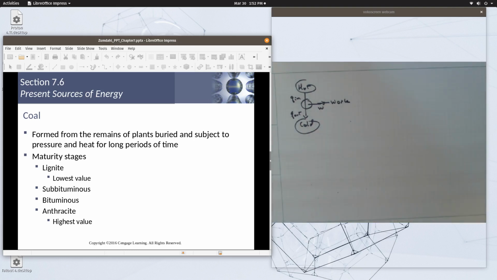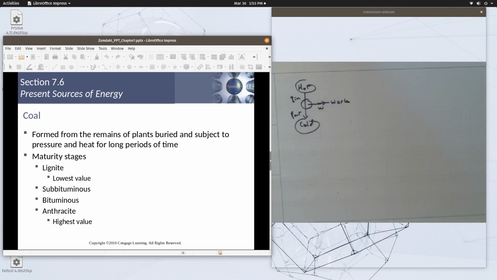It's the transformed remains, mostly carbon remains of plants, cooked under immense pressure for a long period of time, and turned into mostly pure carbon. And most of this coal was produced about 25 million years ago or more, buried under tectonics and so on.